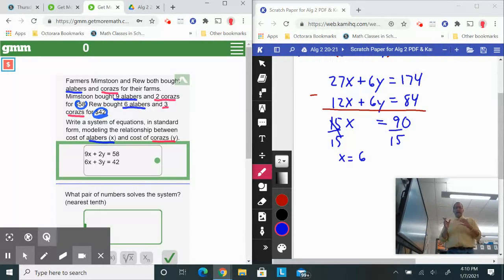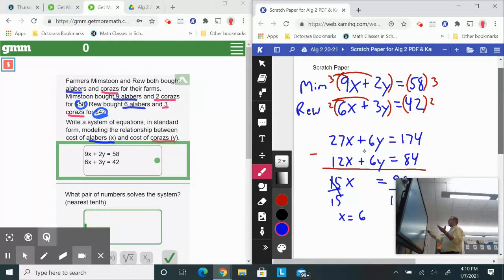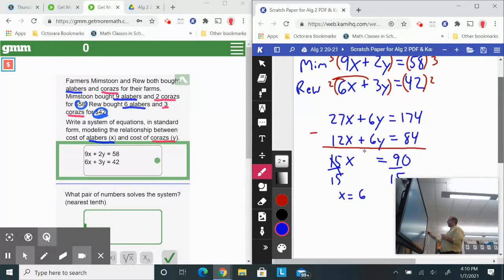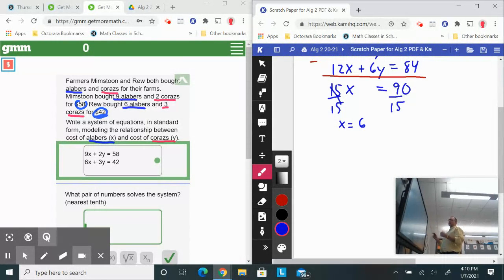So I found that x equals 6. Then I take that 6. Remember, I substitute back into one of the original equations. So I look back at the original. I can actually look at the left side of my screen from my GMM. I'm going to substitute it into the first one. That'll be easiest. 9x plus 2y equals 58.